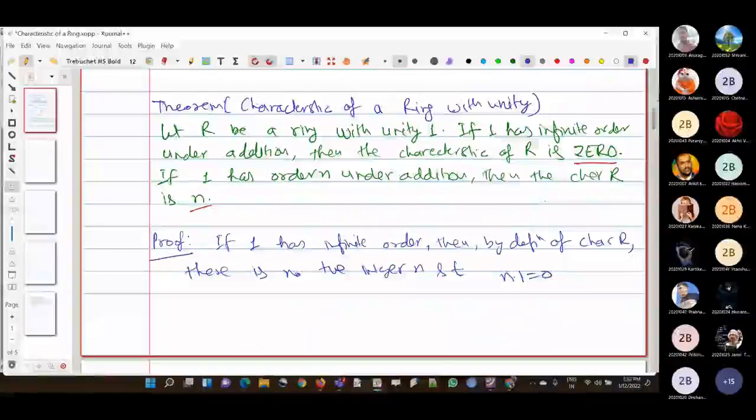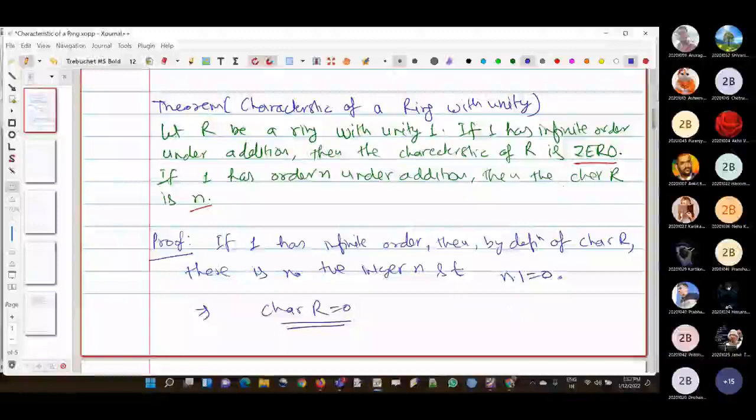No positive integer n such that n times 1 equals 0. So this implies that the characteristic of R is equal to 0. Because we cannot find any n, that is, the order of 1 is not finite in one sense, you can say. If the order of 1 becomes infinite, then we say that the characteristic of R is 0.